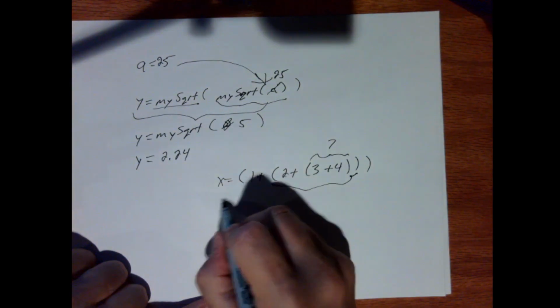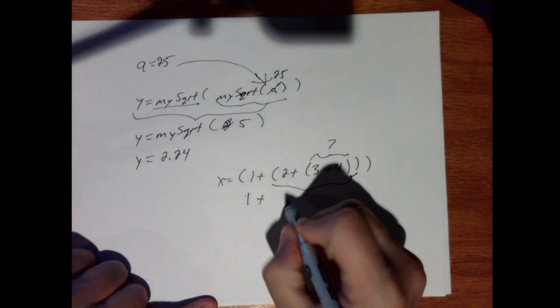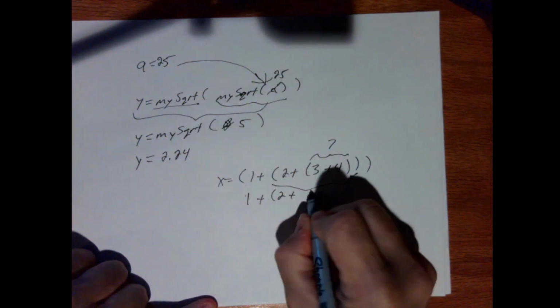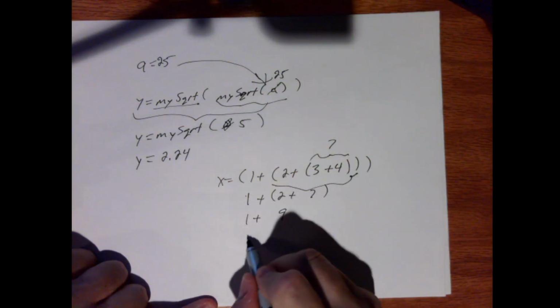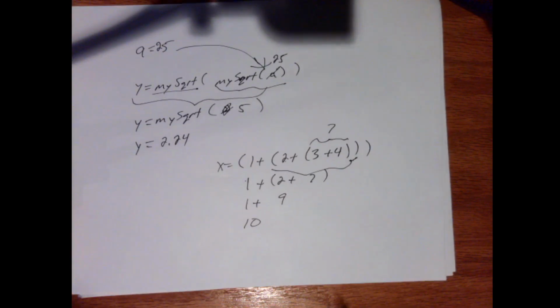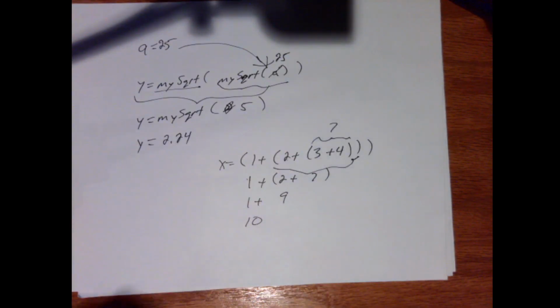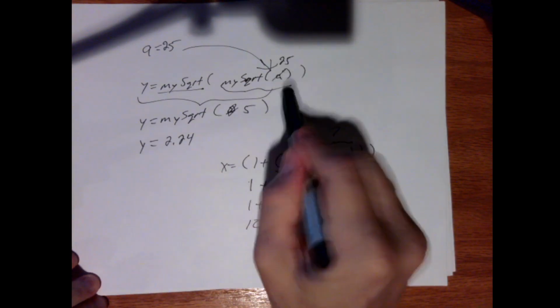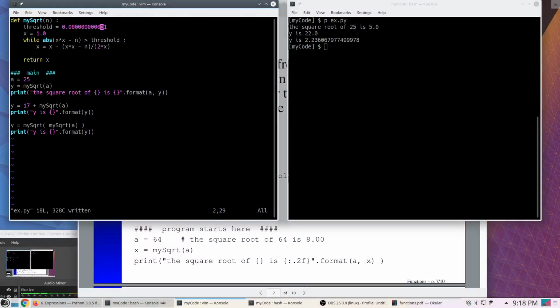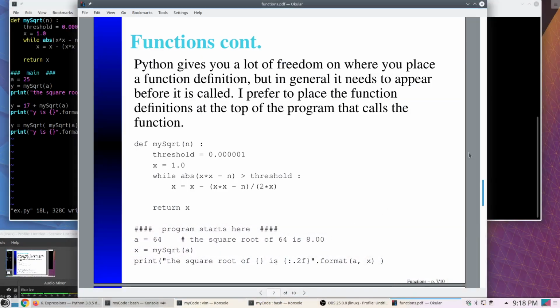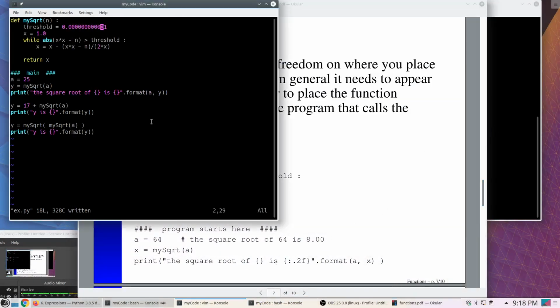So this expression becomes 1 plus 2 plus 7, which becomes 1 plus 9, which becomes 10. This is the same type of thing. So I could keep embedding function calls there and getting square roots of square roots of square roots if I wanted to. Right? So it's really that simple.